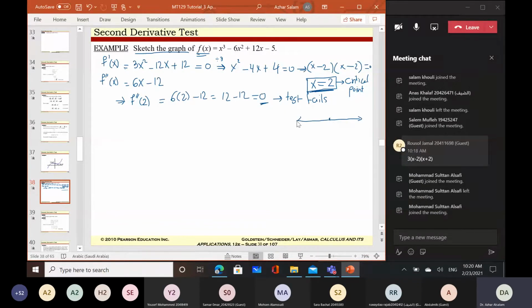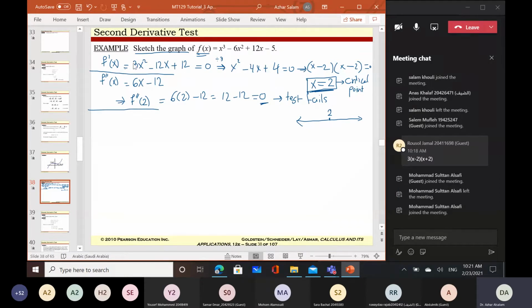So here the way to find whether it's a maximum or minimum is to use the first derivative test. If I have the number line and x equals 2 on the line, from minus infinity to infinity, I choose any number on the left, for example 0, and apply it in the first derivative. Now the second derivative test fails, so I will leave it to the concavity.